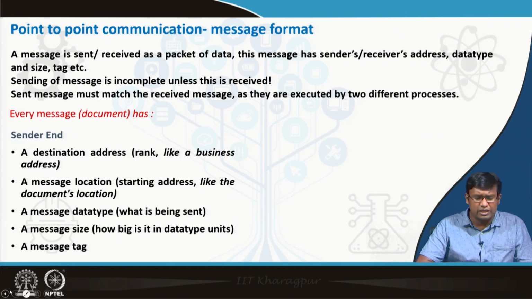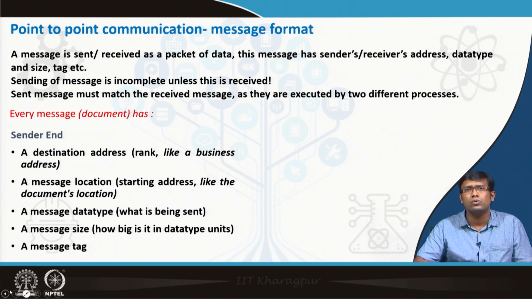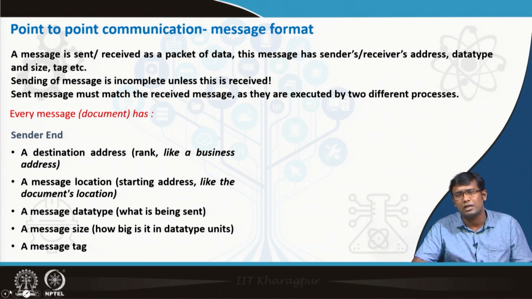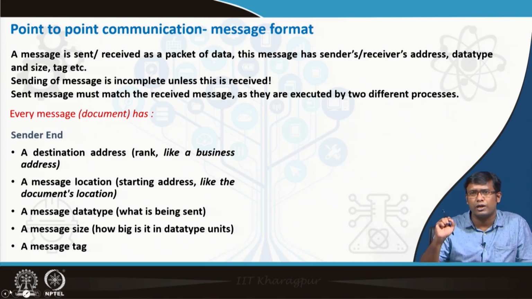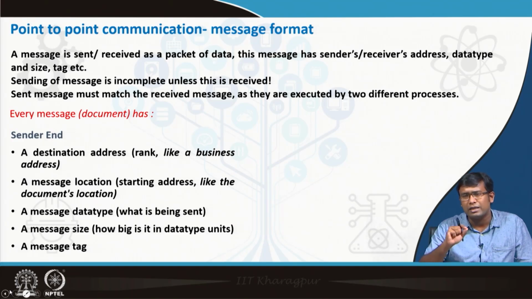The sender sends, and there should be a destination address to whom it is being sent, like a business address. What can be an address in an MPI parallel system? Obviously it will be the rank of the processor. When a processor is sending data to a particular processor, the processor is identified by its rank, and destination address means the rank of the receiving processor.